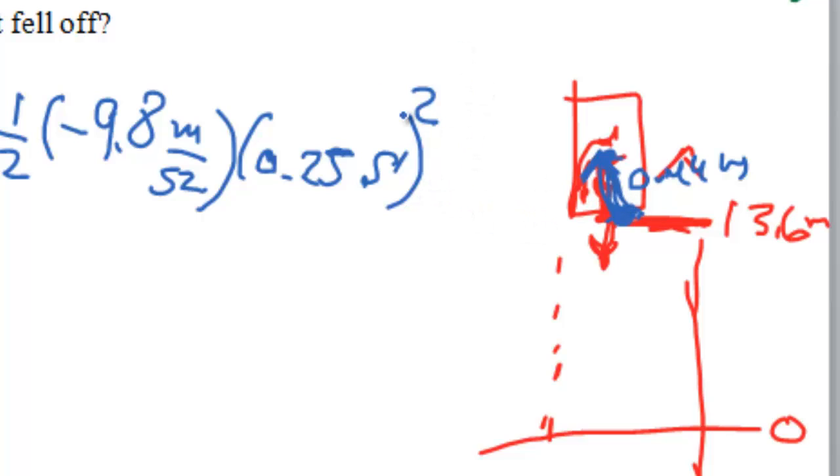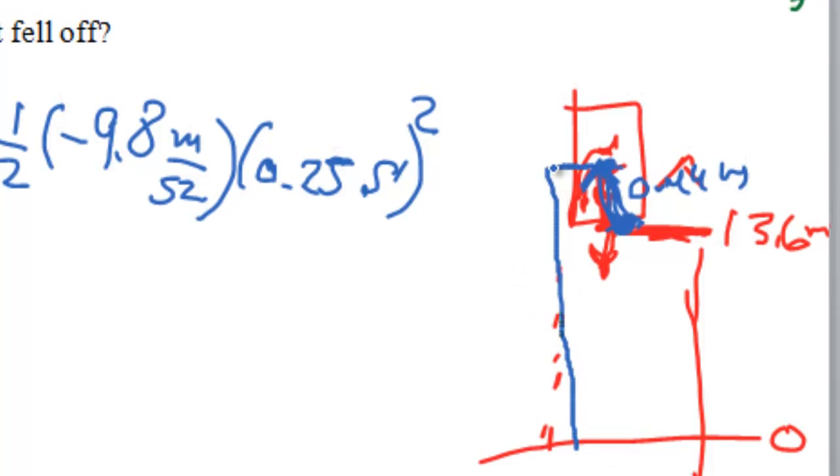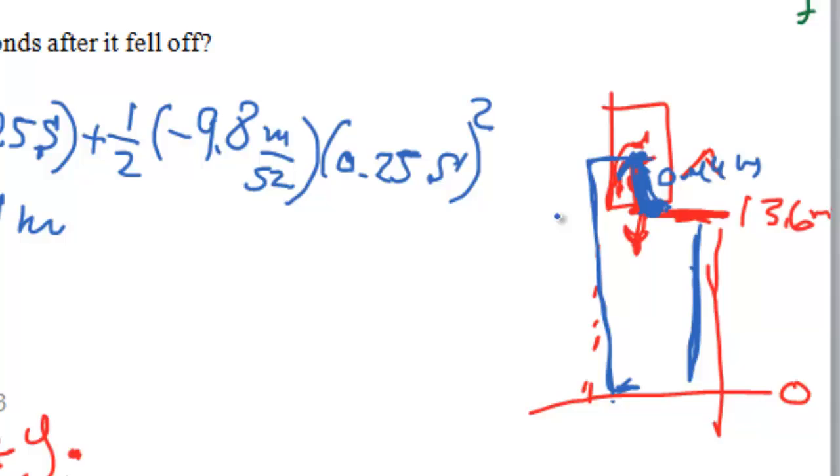But the question here is about how far above the bottom of the shaft was the knot 0.25 seconds after. So we are asked to find this whole height from here to here. That's the question. And this will be the 13.6 meter, which is this distance, plus the displacement of the bolt, which is 0.44.